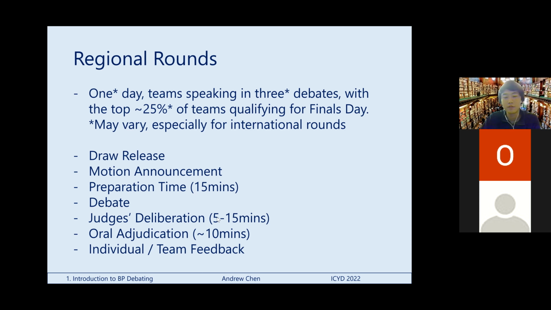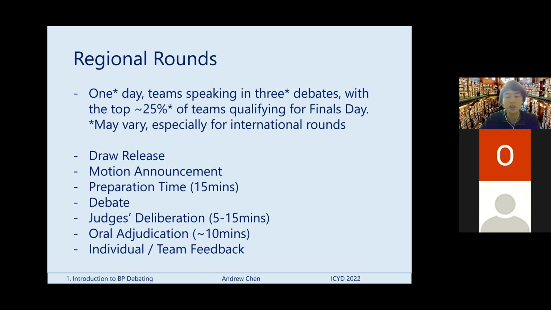That might take 5 to 15 minutes, depending on how close the debate is and how many judges there are. Then the judges will come back and they will give you the oral adjudication. That usually takes about 10 minutes. In the oral adjudication, the judge will give you the result, and they will also explain to you why the judges saw the debate the way they did and why the teams placed in the order that they did.